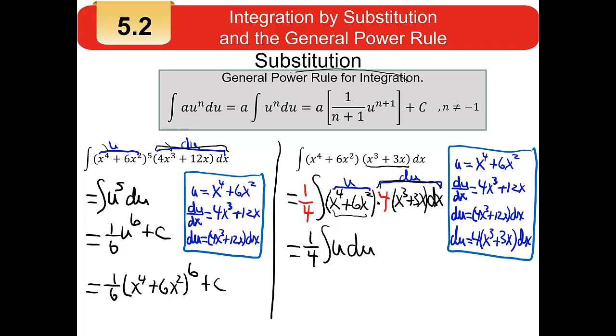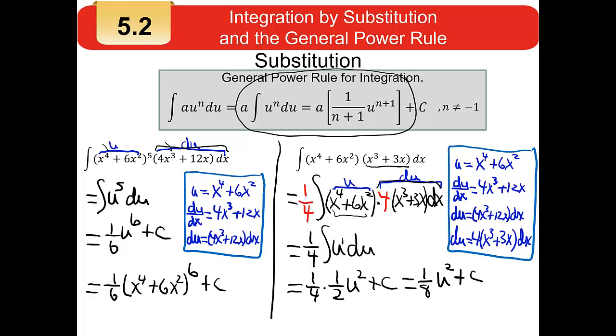The power rule tells you what to do. You raise the power of u up by 1, so it's an understood 1, raised by 1 it'll be a 2. And out front, you multiply by the reciprocal of 2, which is 1/2. Don't forget the 1/4 is still sitting out there, so you take a 4th times a half and get 1/8. And then your last step, you have to get rid of the u and put in the x to the 4th plus 6x squared.